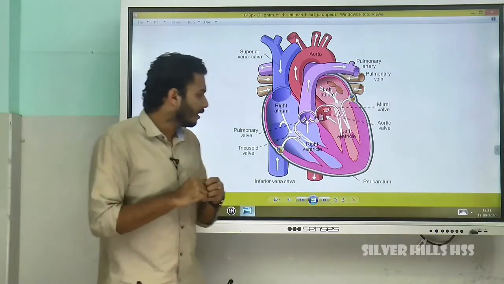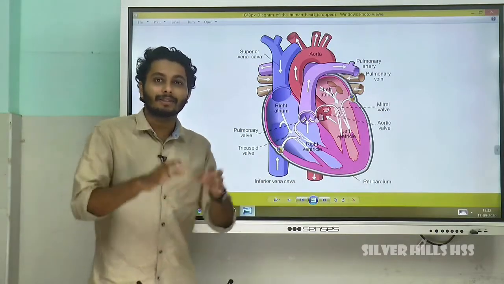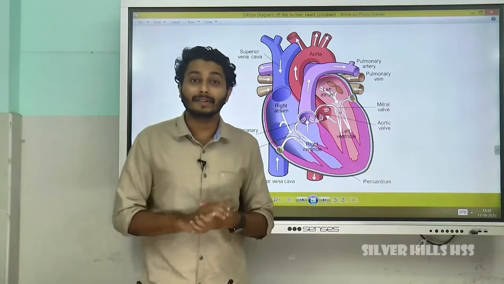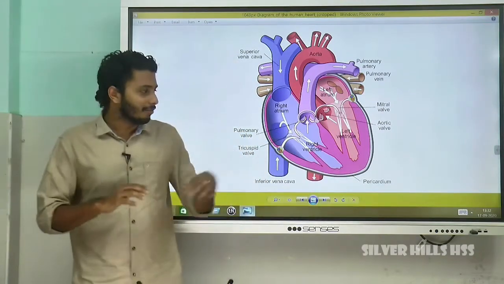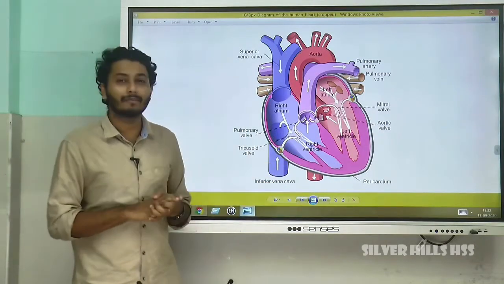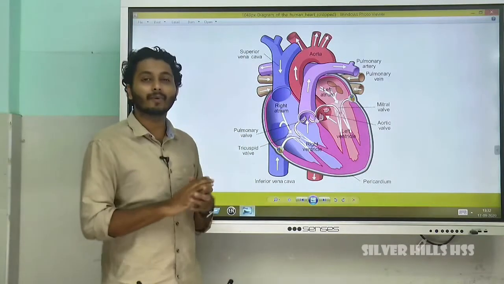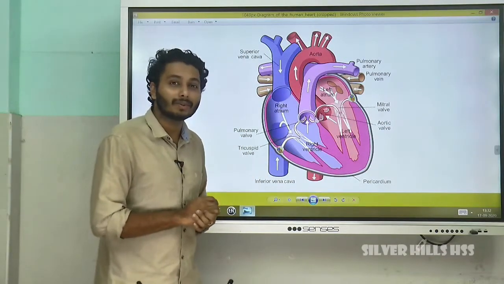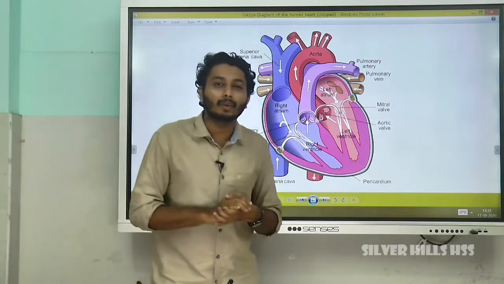In between the layers of the pericardium, there is a fluid called pericardial fluid. The functions of pericardial fluid are: one, the pericardial fluid provides nourishment for the tissues of the heart, and also the pericardial fluid acts as a lubricant.